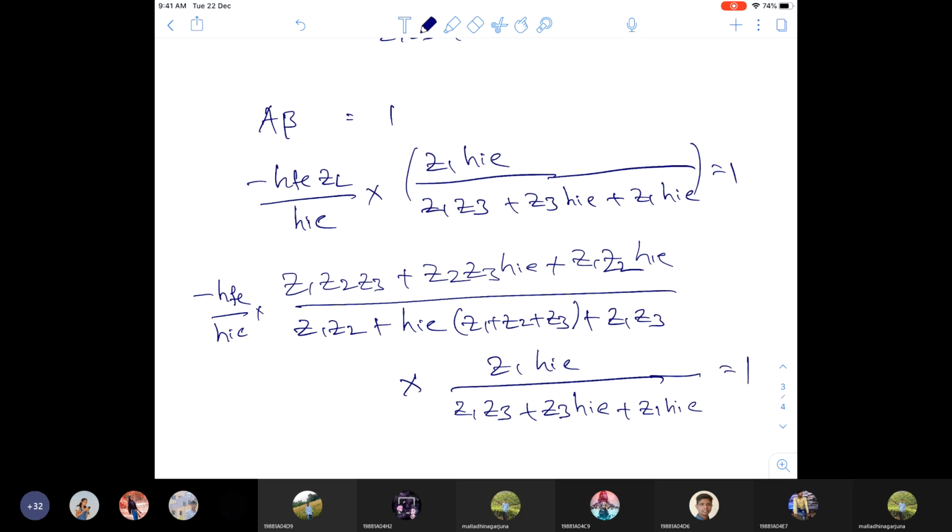Okay. Now, you see this portion and this portion. If you take Z2 as common here, every term has Z2 as common. If you write Z2 separately, so what you'll get, I'm writing Z2 here separately, because Z2 will be missed here, and here. Okay. So what will we get? So Z1 Z3, Z3 HIE, Z1 HIE, same, right? So this portion cancels.